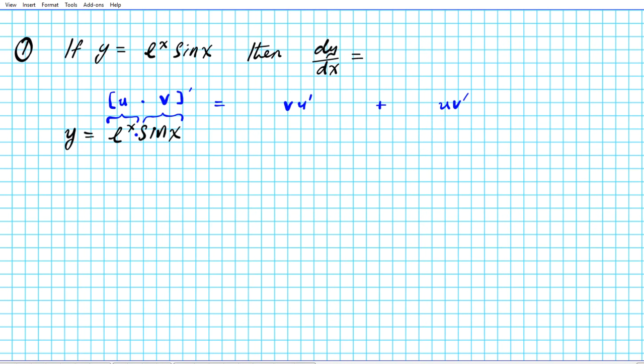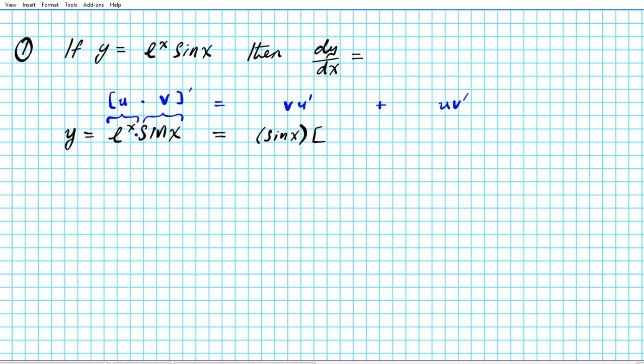Okay, so we're done with step 2, which is labeling the functions. u is e to the x, v is sine x. We're now going to apply this formula, this rule that we've written, to this function. That's step number 4. So we're going to have v. I'm going to put the functions that are not to be differentiated in parentheses, sine x, and the functions to be differentiated I'll put in brackets.